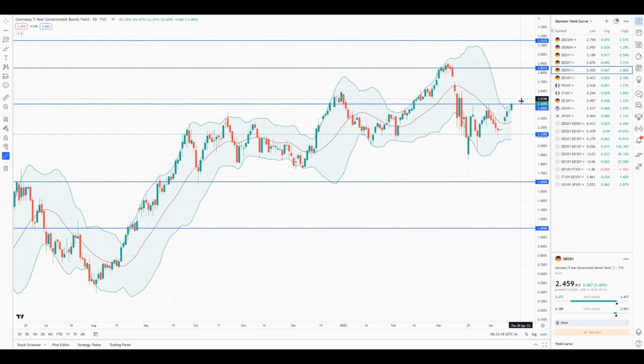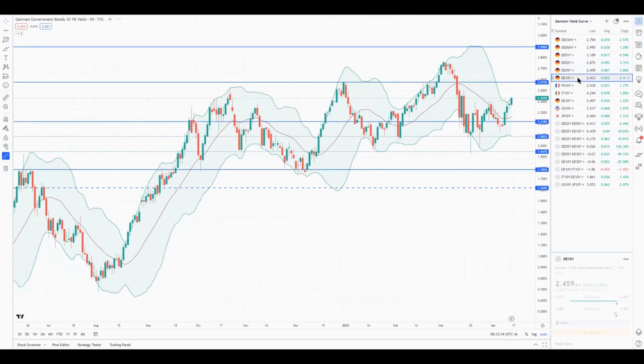At some stage, we will probably break this 246 level and trade something like 260, 261, and we will be much more advanced in both the twos and the fives. You see, the tens again are leading, and we're probably going to go to 257.